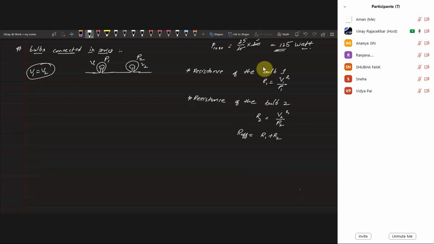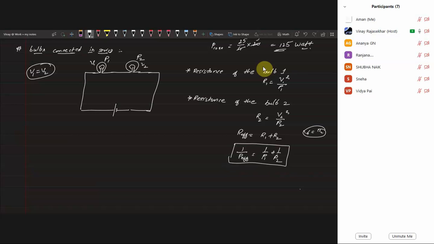If V1 equals V2, then R1 can be taken as 1 by P1, R2 as 1 by P2, then 1 by effective power is equal to 1 by P1 plus 1 by P2. Please remember this in terms of series combination. This is connected to an external battery of potential V volts.